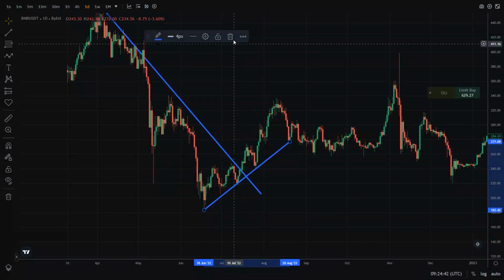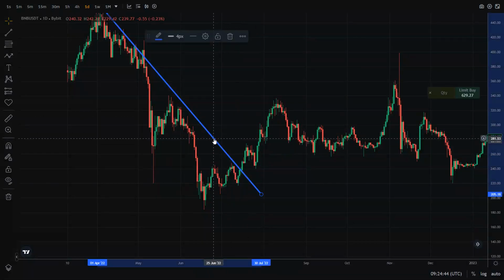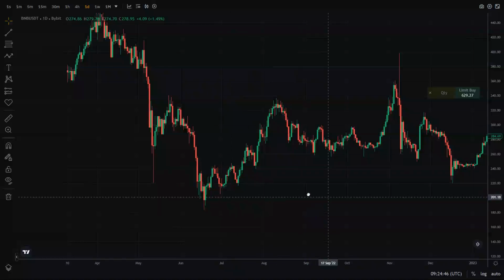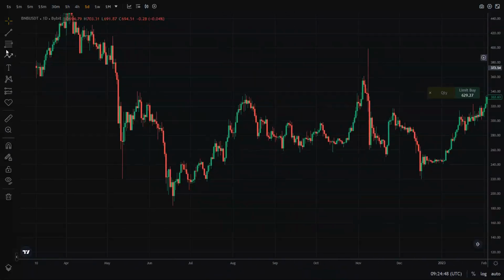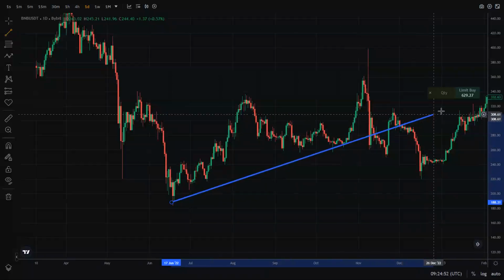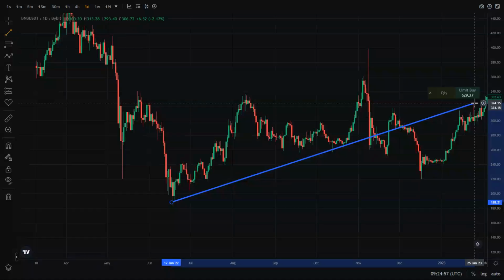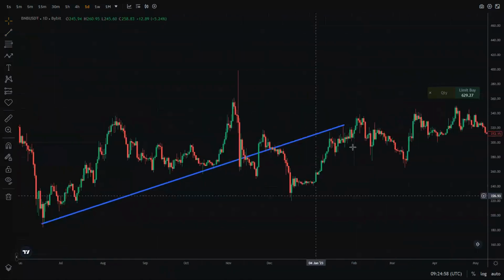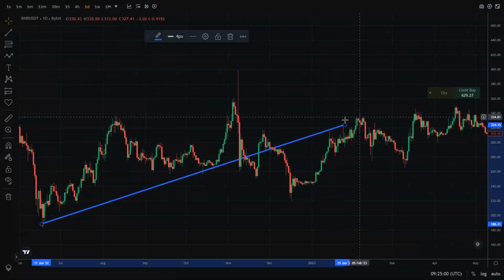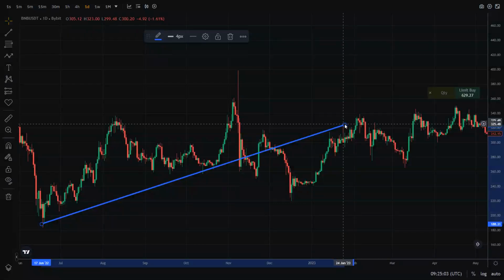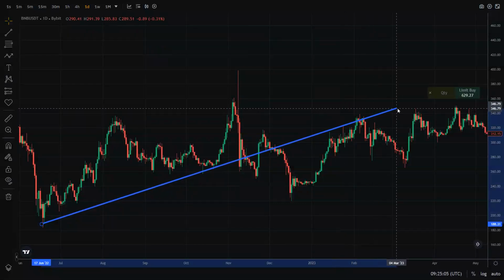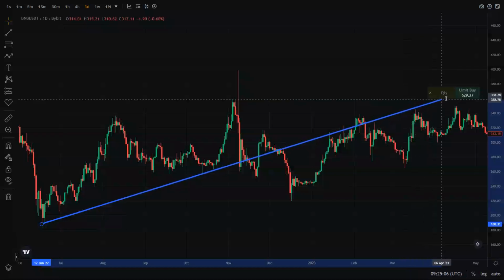So let's do something now. I'm only using this as the prior example. There's another thing you can do. You can have a long distance around this level. Take a look at this.